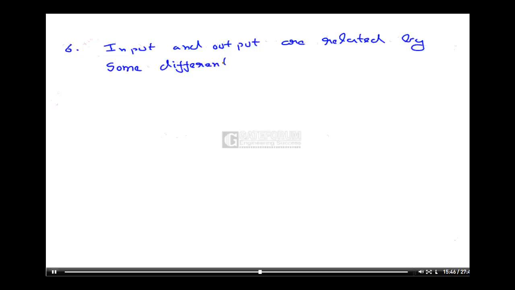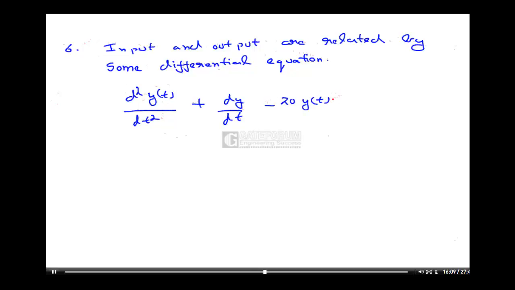Another variety of problem in which input and output are related by some differential equation: d square y(t) by dt square plus dy by dt minus 20 y(t) is equal to minus 2 x(t) plus 5 times of dx(t) by dt.